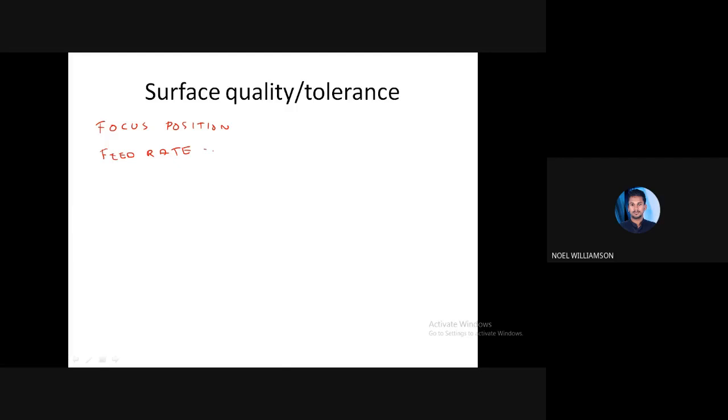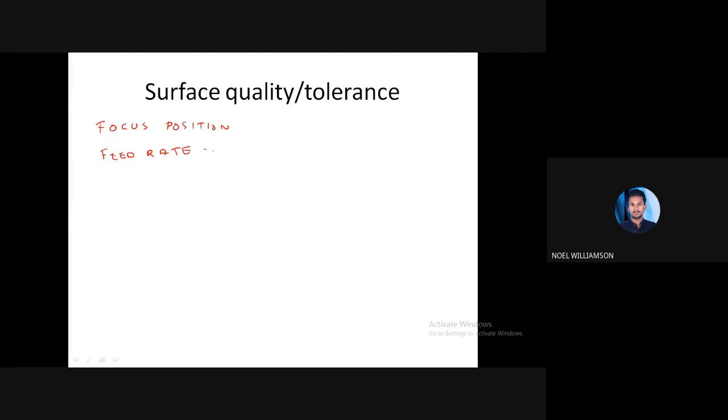So the rate at which it is being advanced to the workpiece, if the feed rate is increased, then as a general trend, it will increase the surface roughness, or the surface quality may deteriorate. When the surface quality is less, we can say the surface roughness is more. So as the feed rate is increased, surface quality decreases or the surface roughness increases.